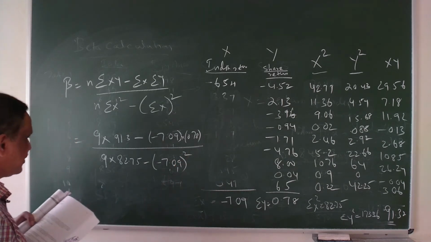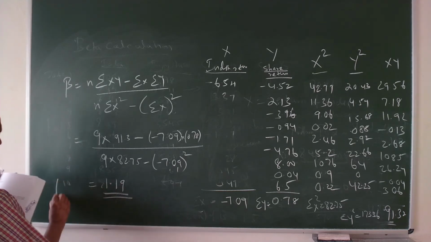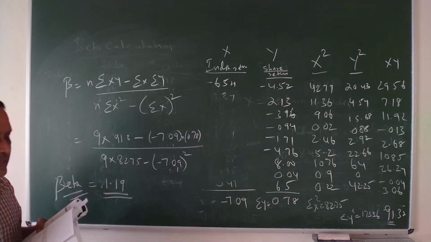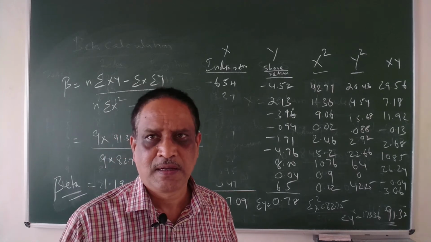If you solve that, you will get 1.19. So beta is 1.19 for Bajaj Auto shares with the 9 days, 10 days data.